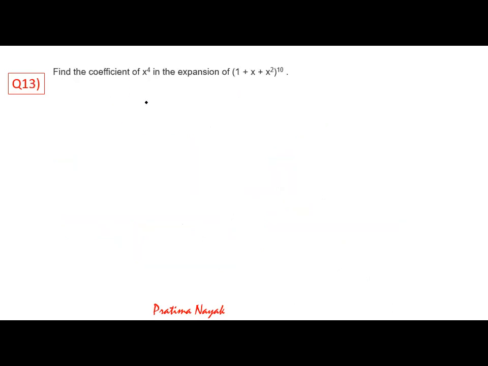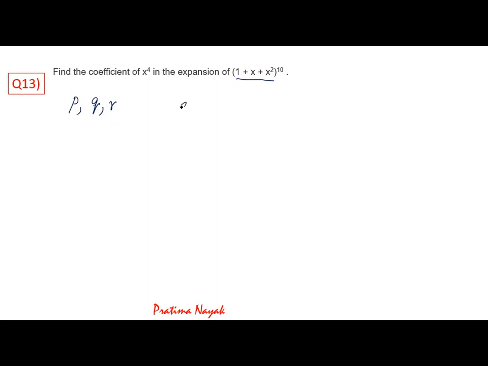Next, find the coefficient of x to the 4 in the expansion of (1 plus x plus x square) to the power 10. So there are 3 terms. So here I am writing a short formula for you. What is it when there will be 3 terms, and let's take them as P, Q and R. Okay.